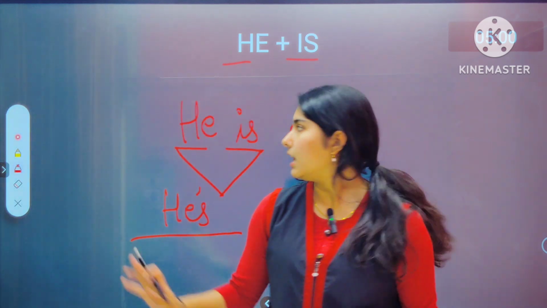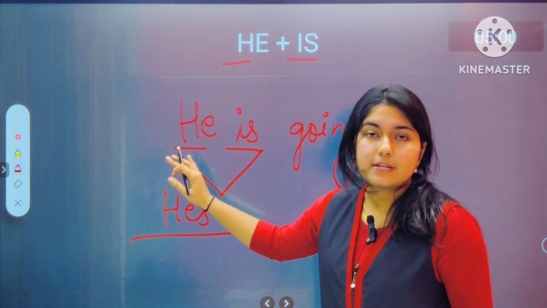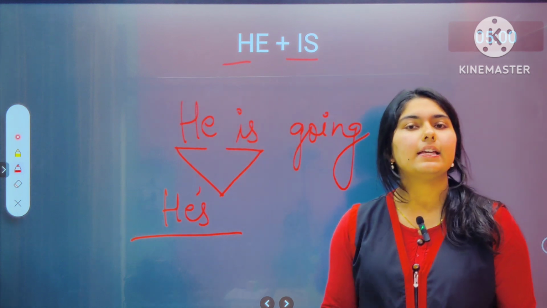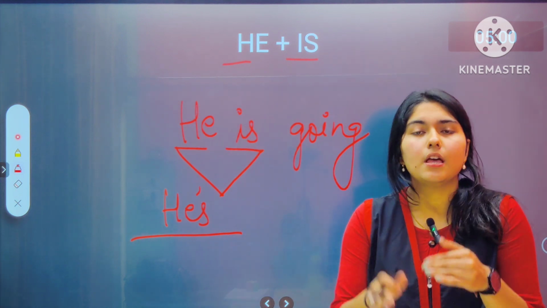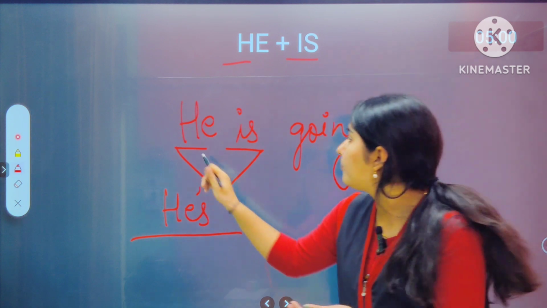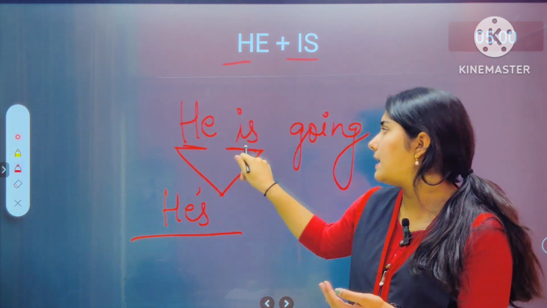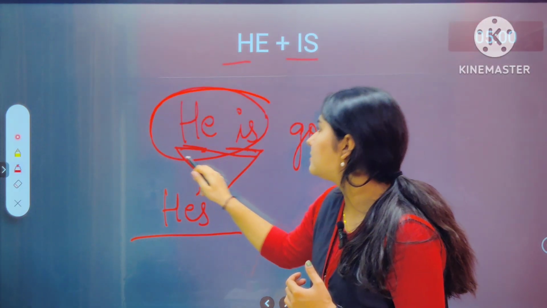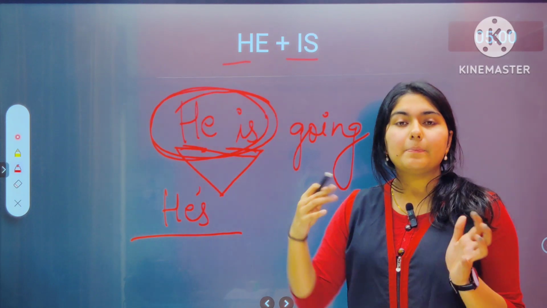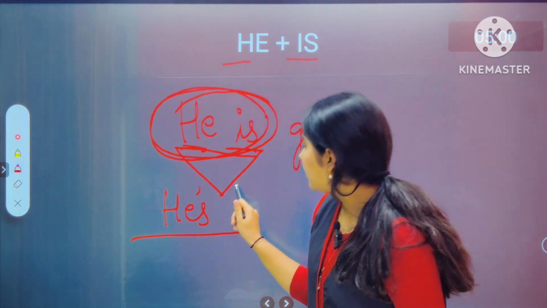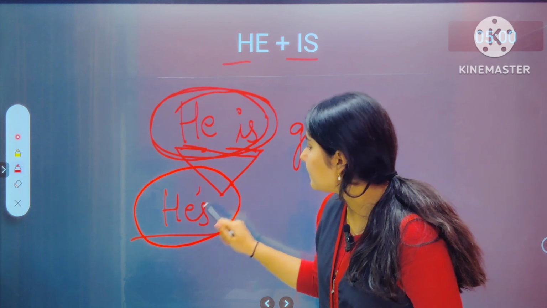Right? Instead of saying he is going, you can say he's going. So what you did is you just cut down the sound of both these words, he and is. Both these words do not sound separately. It becomes a collective word, a single word, which became he's.